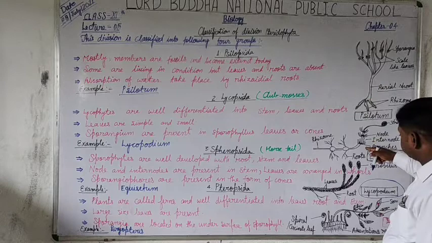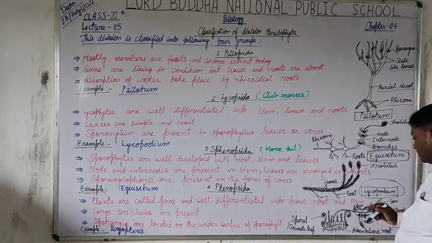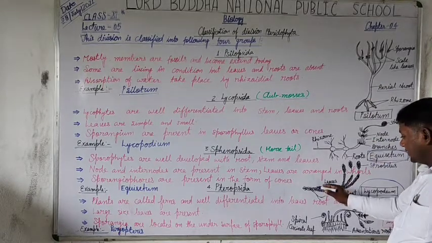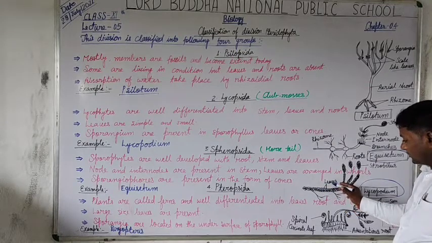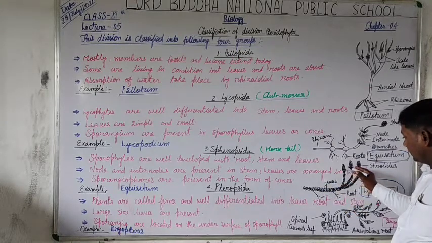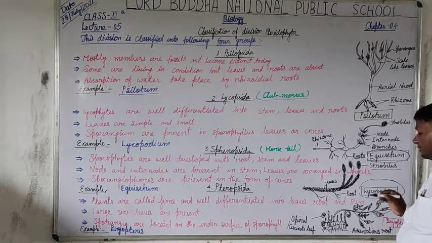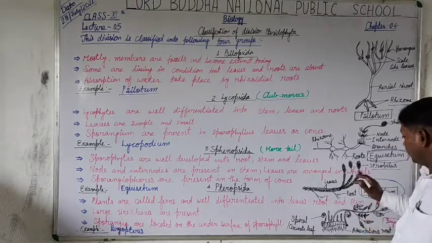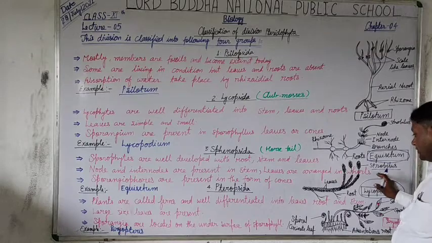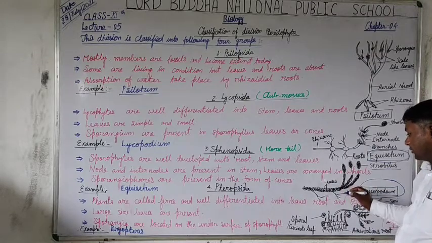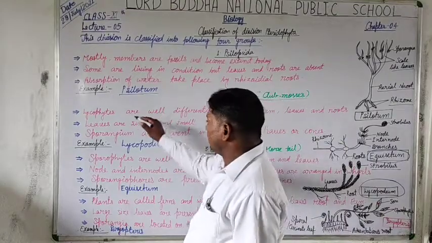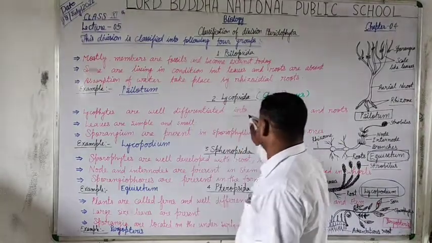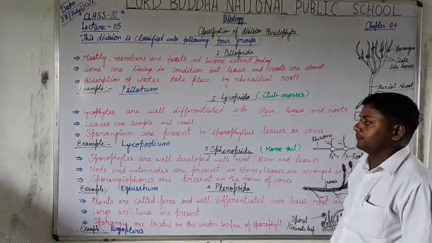So students, in Lycopodium we observe the presence of alternate rows of leaves, and this is the strobilus or sporangiophore in which the spores are present, and these are the adventitious roots. Okay. So lycophytes are well differentiated into stem, leaves and roots.